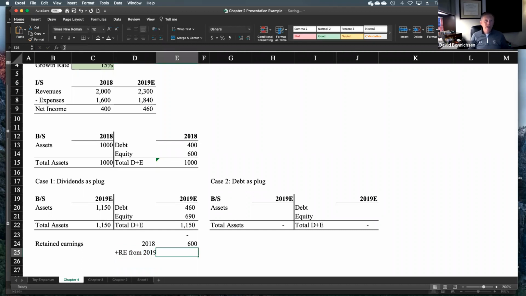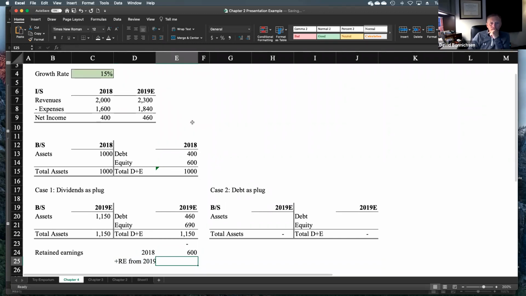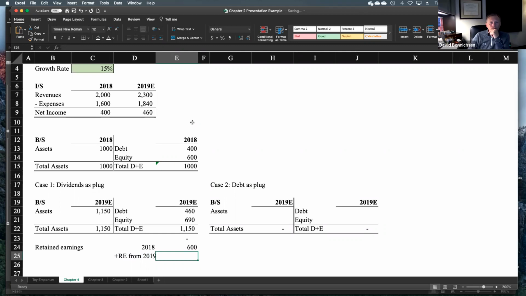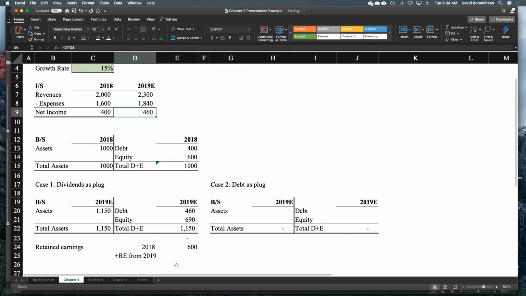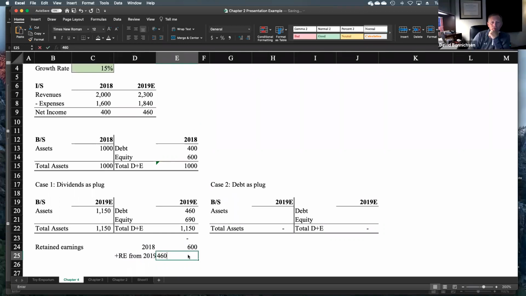And how much did we add to retained earnings if we didn't pay any dividends? For 2019? The 460, okay? So we got 460, right?